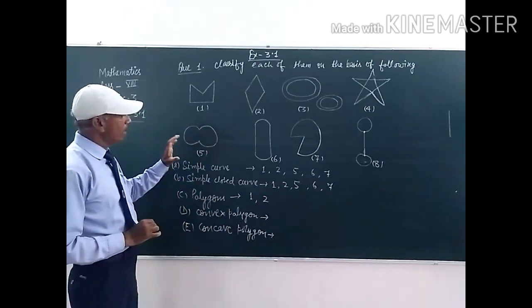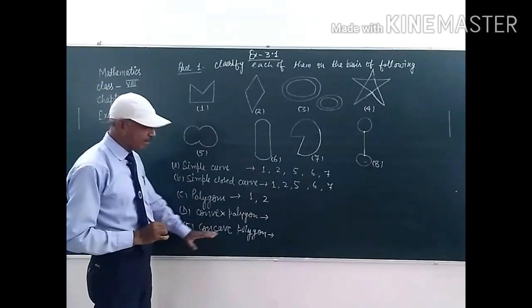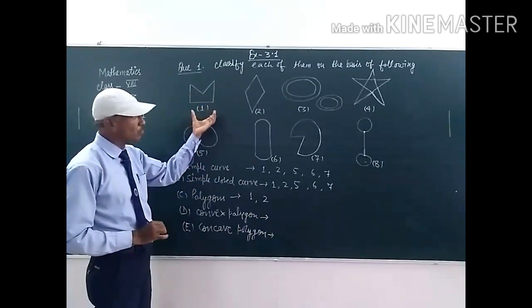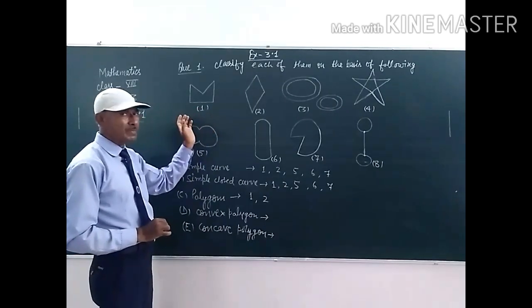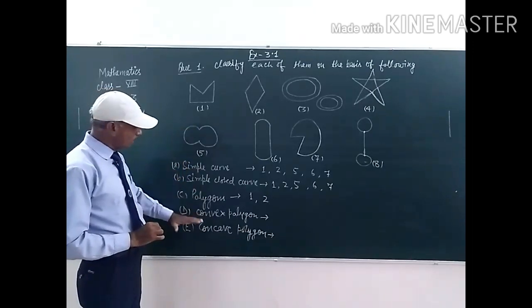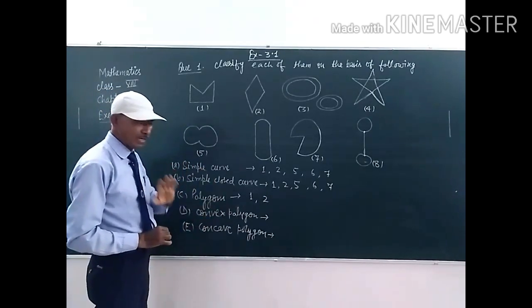Clear, students? Now we have to choose convex polygon and concave polygon, because there are only two figures that are polygons. So we have to choose in these two figures which is a convex polygon and which is a concave polygon. So students, first of all we have to know about convex polygon.